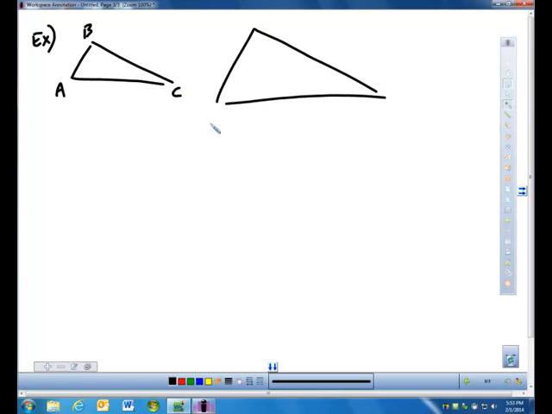Okay? So in this one, you've got triangle ABC and triangle DEF, and this is the information you know. You've got the side lengths 4, 8, and x minus 1, and 12, 18, and 3 times (x plus 1). We're going to try to figure out what x is so that these two triangles are similar.